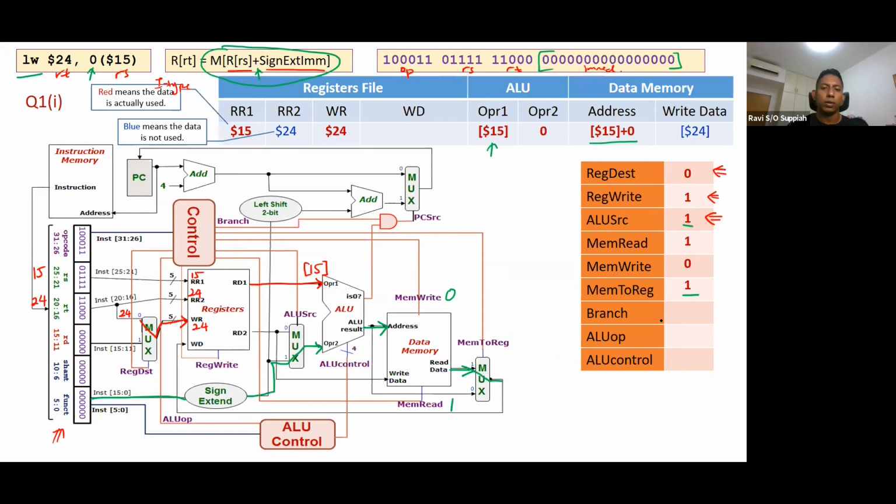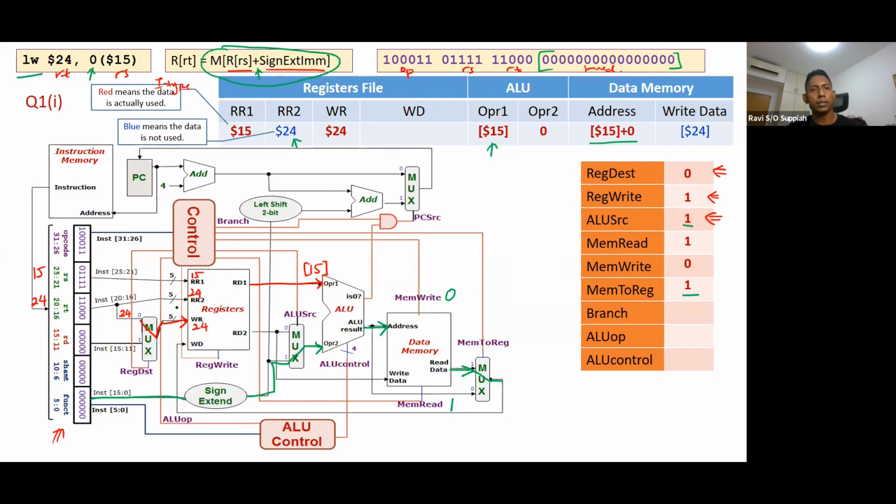Okay, now let's look at this write data here, which has a value of register 24. It means the content of register 24. So what is this? Why is it in blue? All right. So for this, we go back to earlier on what we saw over here. We saw that the read register 2 has a value of 24 because the RT bits of your instruction have a value of 24.